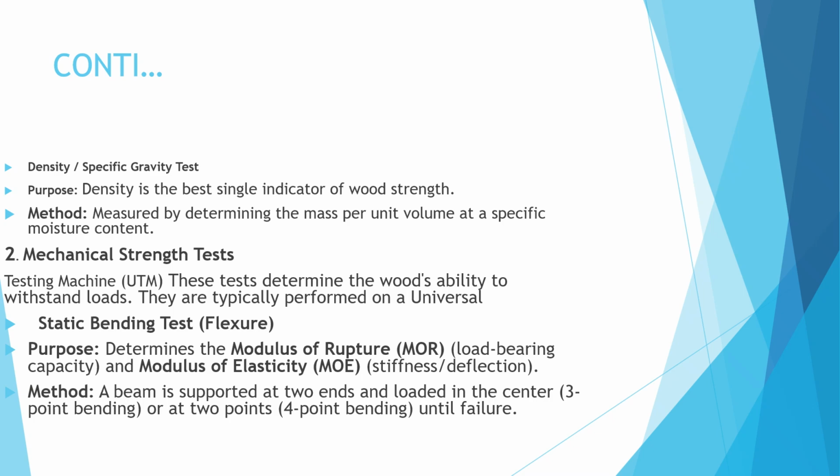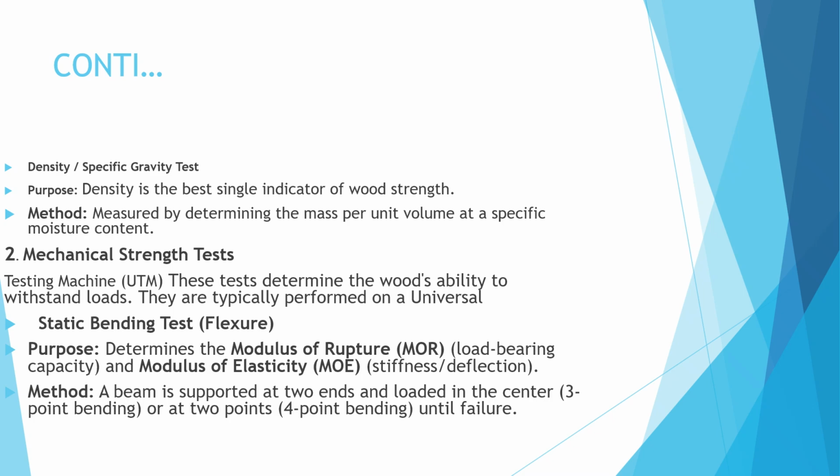Then we go to the mechanical strength tests as number 2. These tests determine the wood's ability to withstand loads. They are typically performed on a testing machine, the universal testing machine, UTM. Then we need to check the static bending test, the flexure.